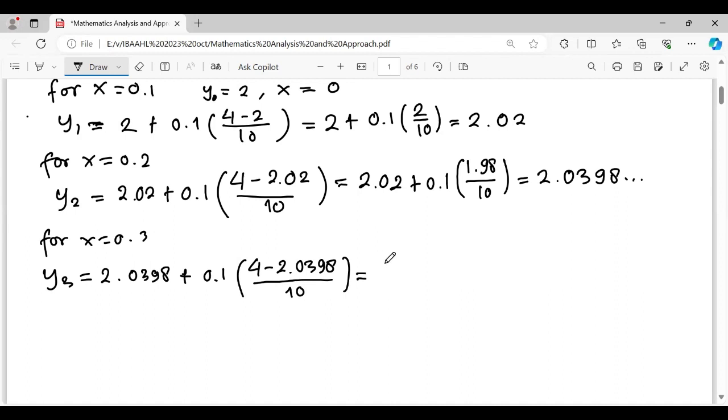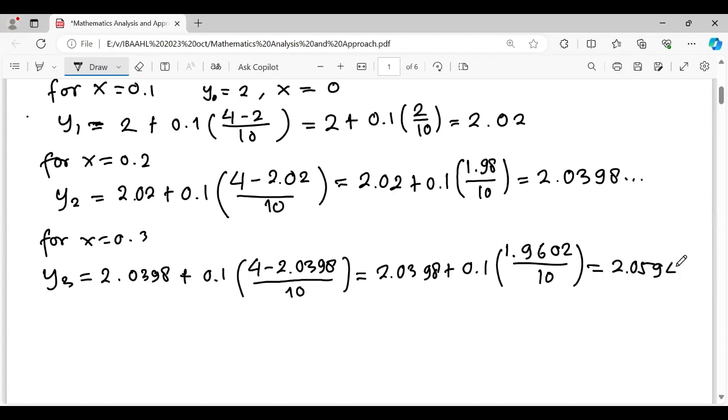And if you calculate, it will be 2.0398 plus 0.1 times 1.9602 over 10. And it is 2.05940.